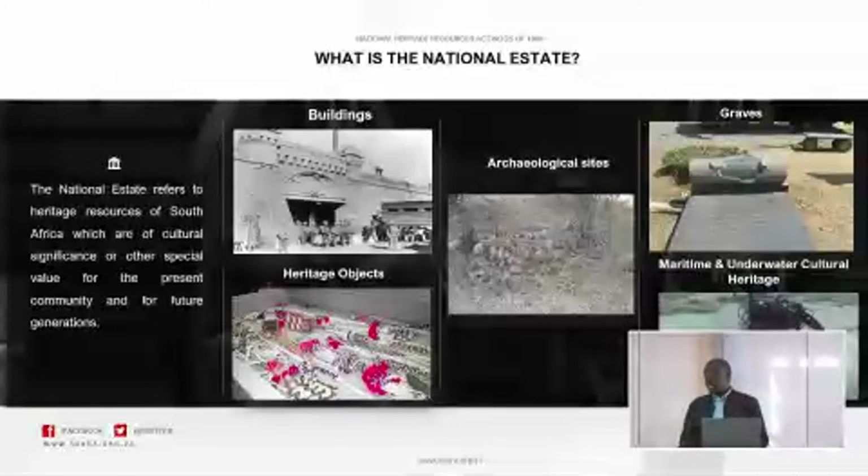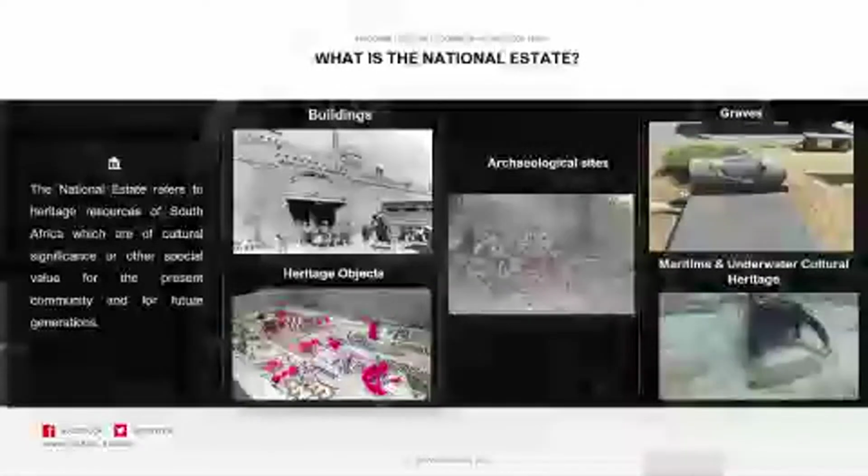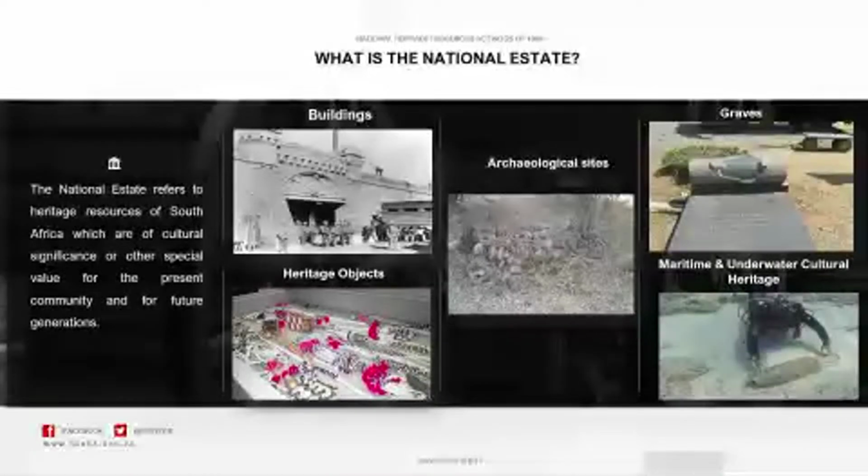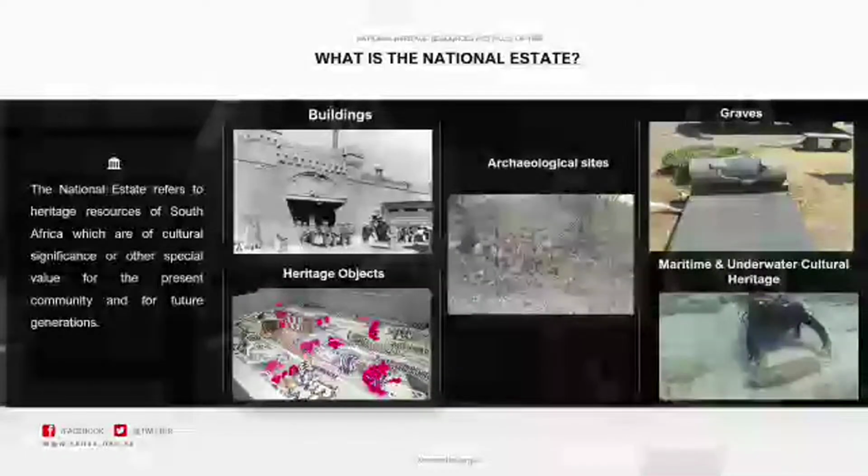There are heritage objects. I talked about the heritage objects unit earlier. So there are heritage objects that are protected by the Act. Certain objects that are of national value cannot just be moved around willy-nilly, exported, and even sold willy-nilly, because that would constitute a breach of the legislation. Just some time ago, I don't remember, it was perhaps about 5 or so years ago, someone was scrolling through the internet and they came across the report of Steve Biko on sale online.